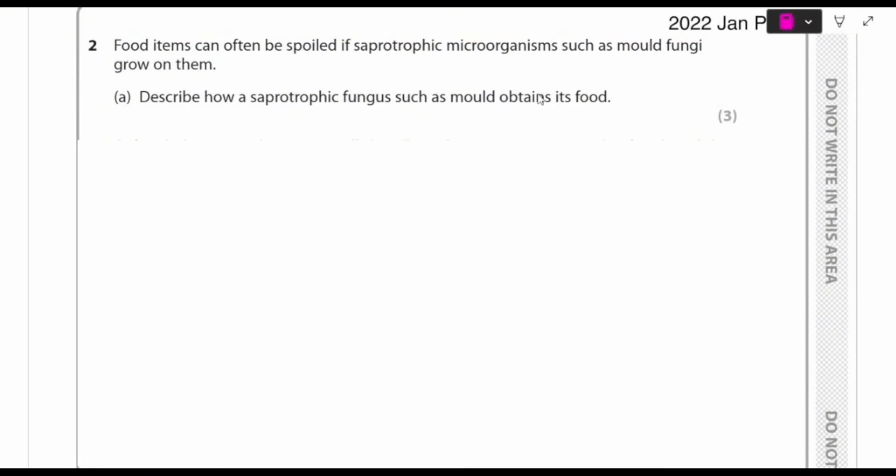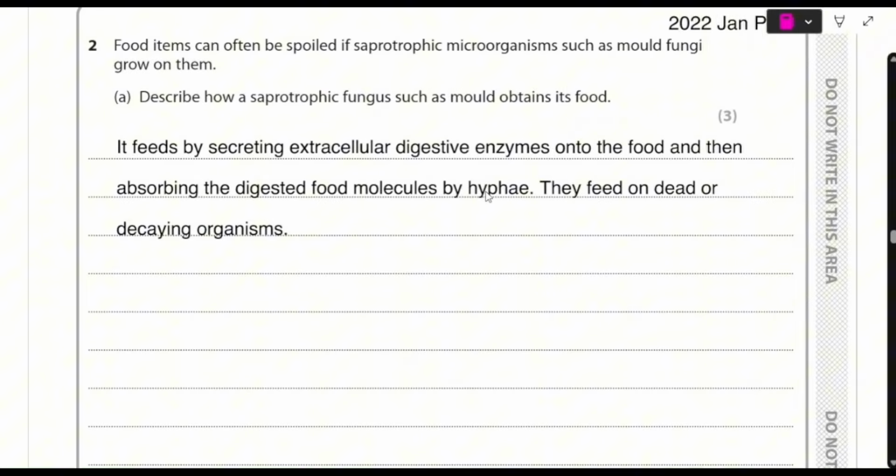So our fungus here will release extracellular enzymes onto the food, then those extracellular enzymes will digest or break down the food outside the body, and they will absorb those digested nutrients through their hyphae. So this is how they obtain their food. They also only feed on dead or decaying organisms.